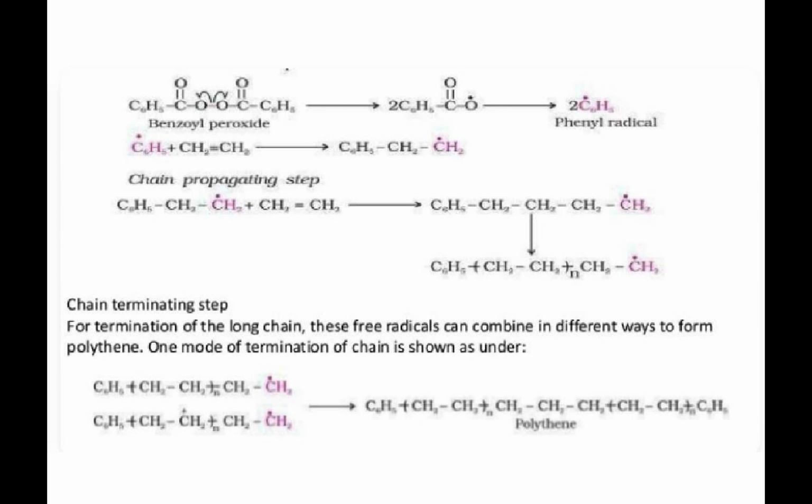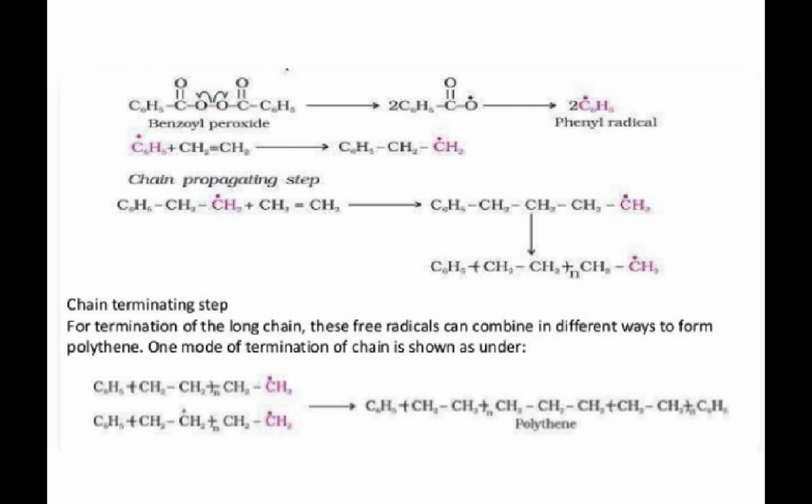You can see the example of benzoyl peroxide here, and the formation of the phenyl radical. The benzoyl radical, 2 C6H5COO, gives the phenyl radical, and again in the chain propagating step you can see the reaction taking place, and finally the product, which is very easy.